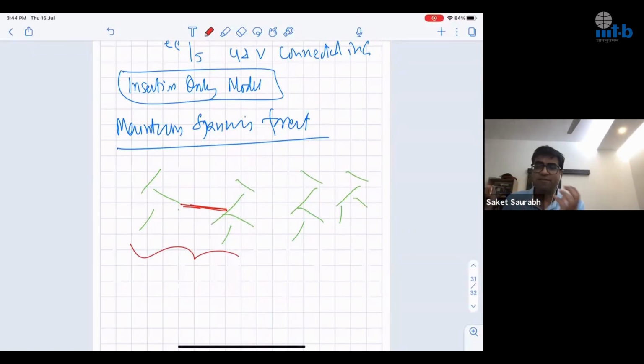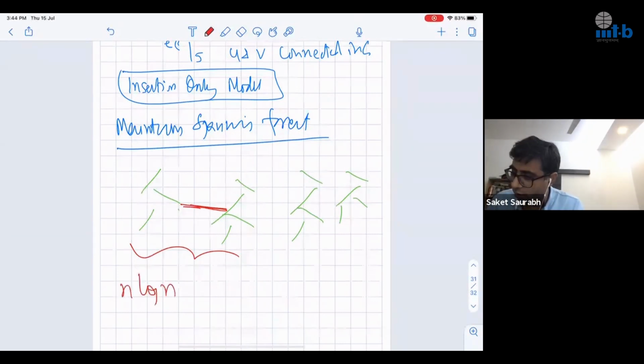So basically, you are never going to keep more than n-1 edges. And to keep these n-1 edges in their connected component pieces, this is exactly what the disjoint set data structure is about. This was disjoint. Now, when I add this edge, are these disjoint? No, merge them. So with the disjoint set data structure, I can maintain this spanning forest, and this will take n log n space.